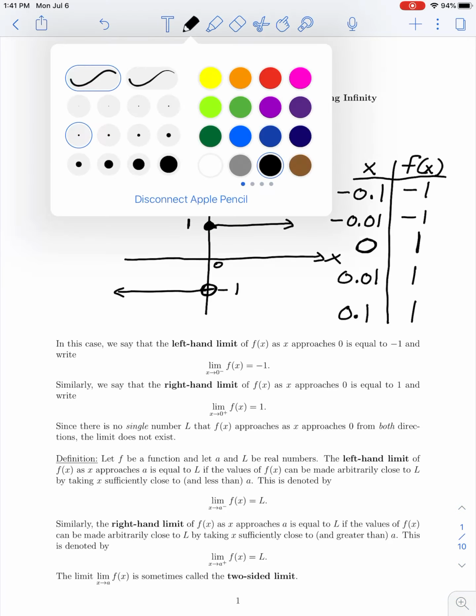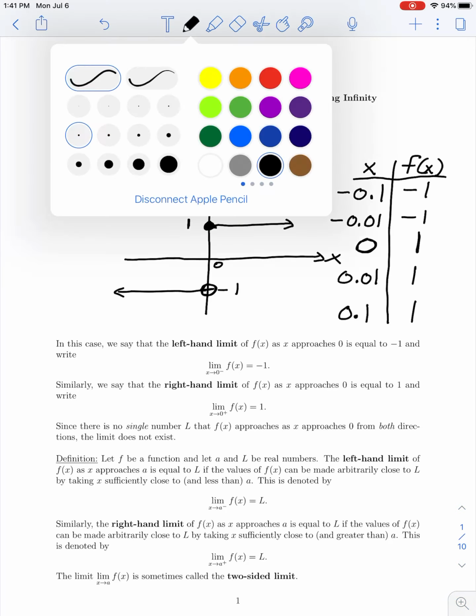So let's make these definitions of one-sided limits a little more formal. So here we'll say, let f be some function, and let a and L be some real numbers. So we say the left-hand limit of a function f of x as x approaches a is equal to L if the values of our function f of x can be made arbitrarily close to L, that is, as close as we want to the number L, by taking values of x sufficiently close and less than the number a.